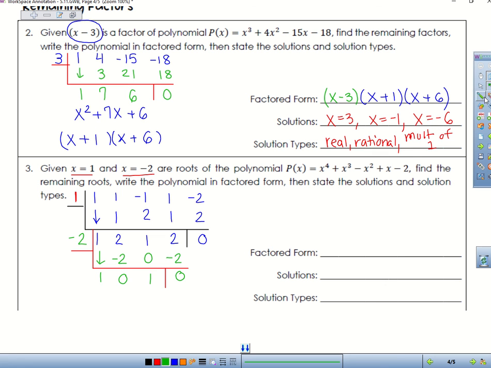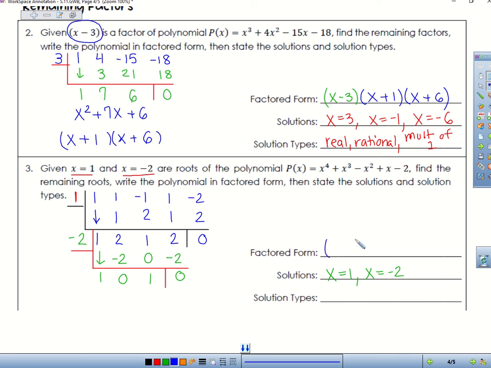So what we've confirmed is that x equals 1 and x equals -2 are both solutions of this. How did I know that? Other than that they told me. Oh. They both get a remainder of 0. Now every single solution is associated with some binomial.